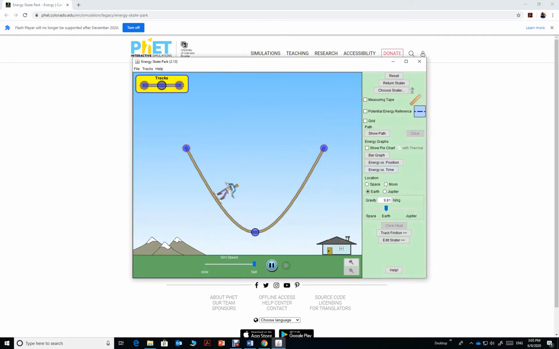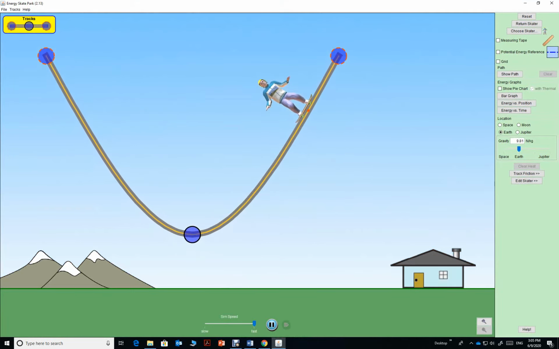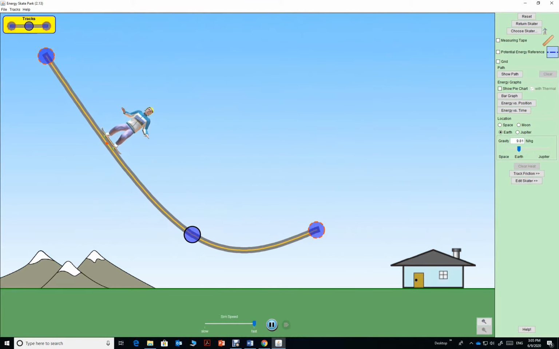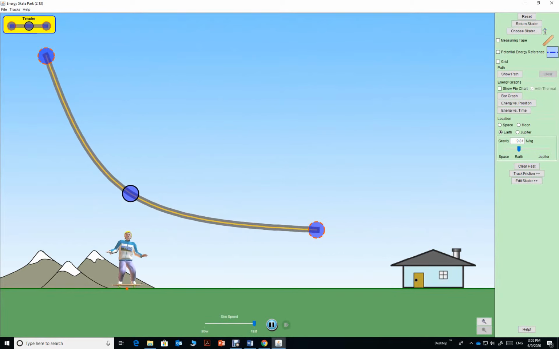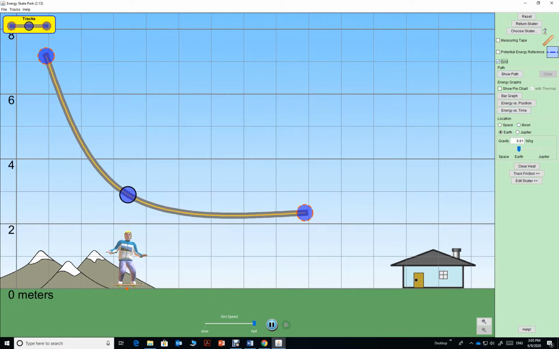I can make it big, and I can change the shape of the track. I'll make it the same as the one I showed you there. I'll make it this way, see? I can show the grid here to show the height.